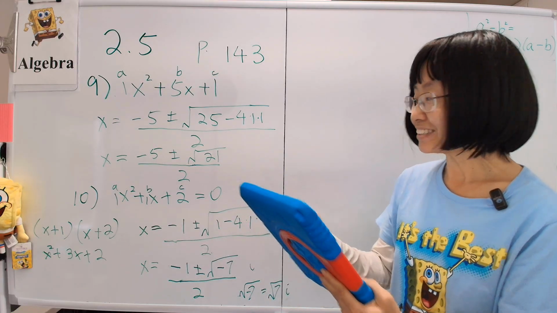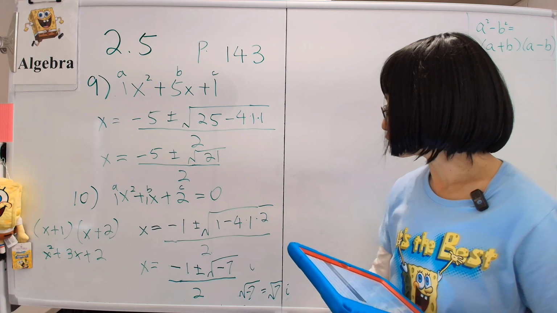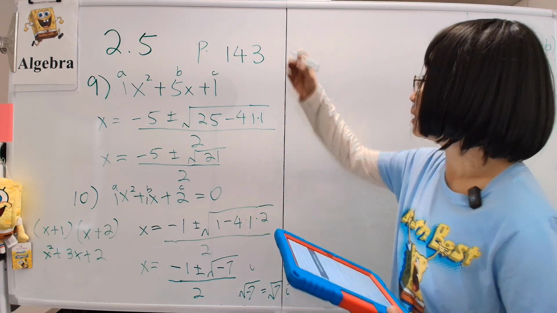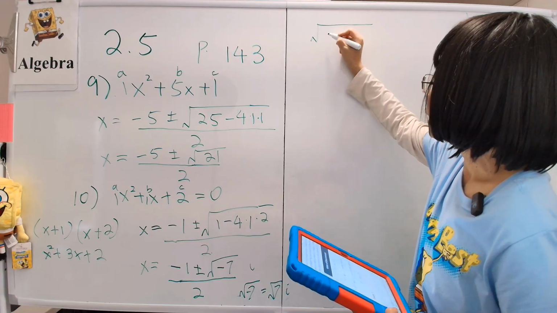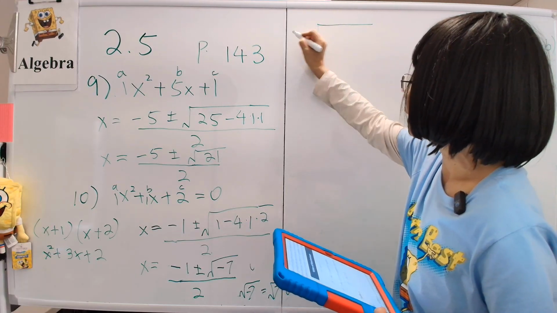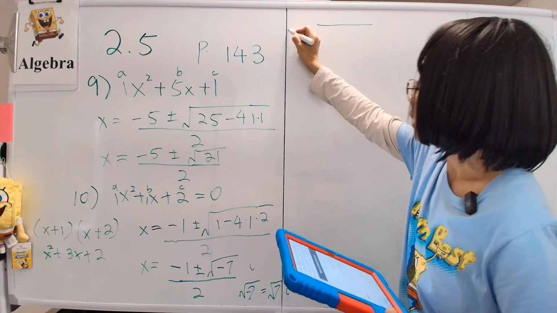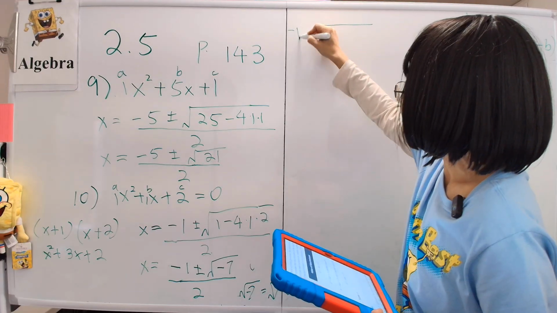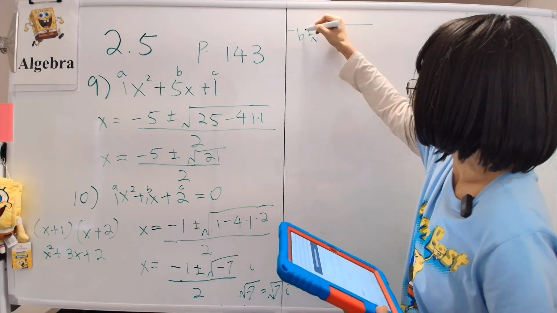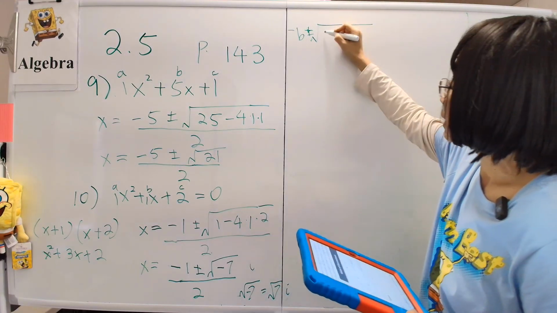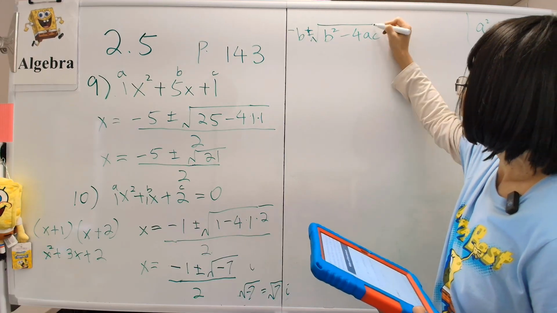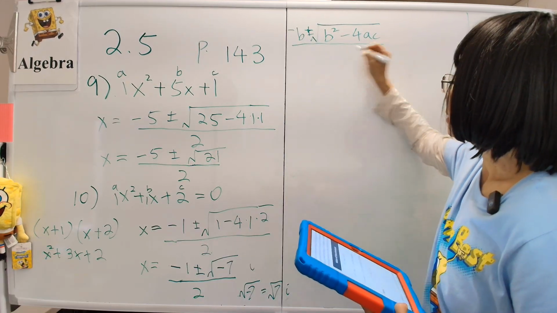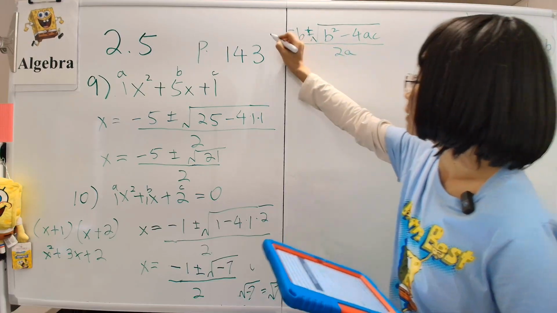All right. So then what was under the square root of the quadratic equation? The entire equation says x equals minus b, plus or minus the square root of b squared minus 4ac, over 2a. So that's the quadratic formula.